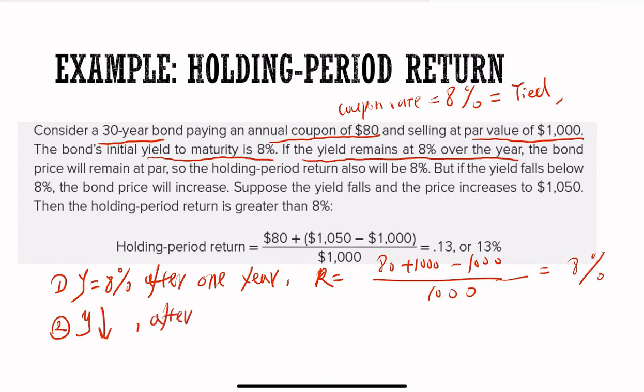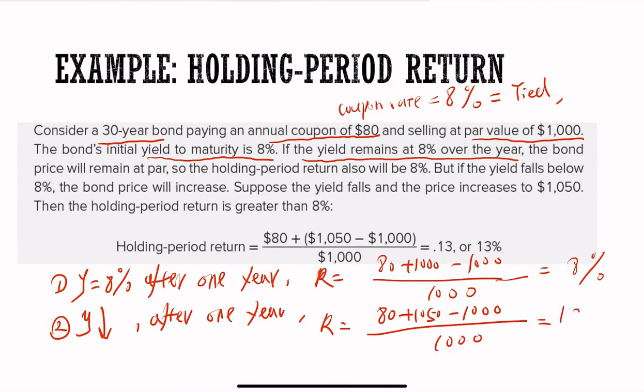Now after 1 year, let's assume because yield falls, the price increases to 1,050. So you will still get your $80 of coupon payment, and the price would increase to $1,050, divided by 1,000. This gives you 13%.